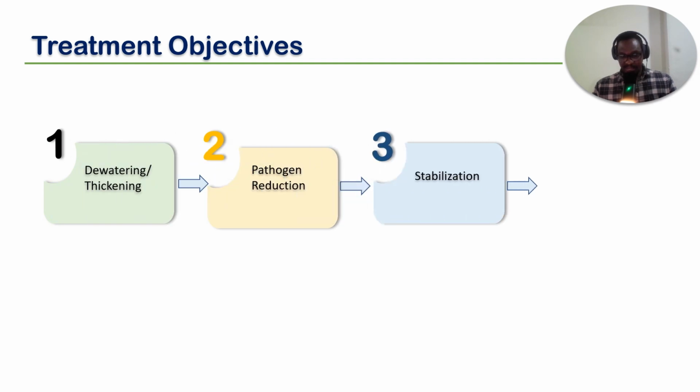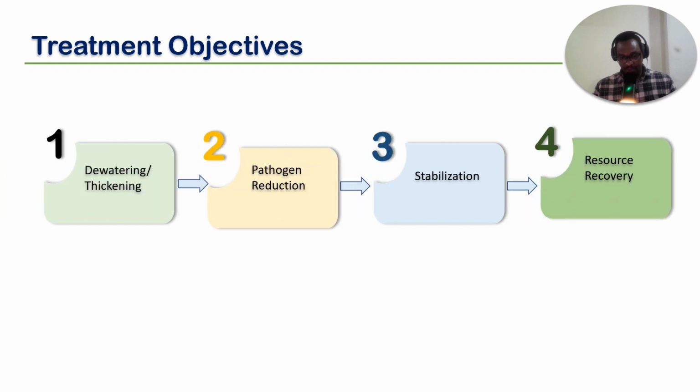Then the third treatment objective is stabilization. Here we're looking at reduction of the volatile suspended solids, the odors or the smell that comes out of this, and then also converting the organics into a more consumable format by microorganisms. So breaking down so that you have residues that can no longer be consumed by the microorganisms.